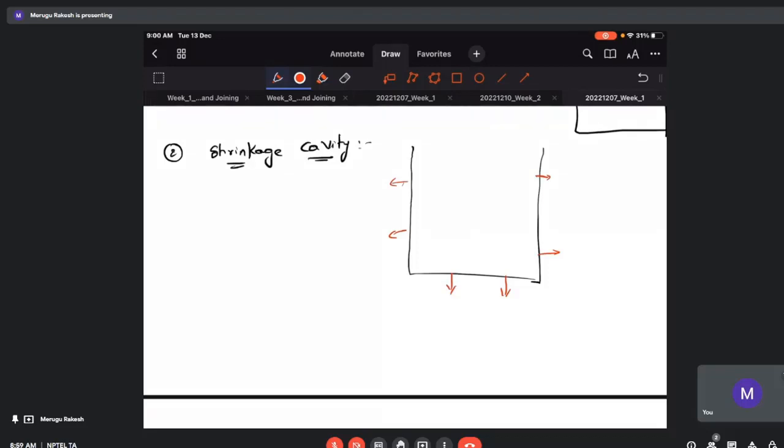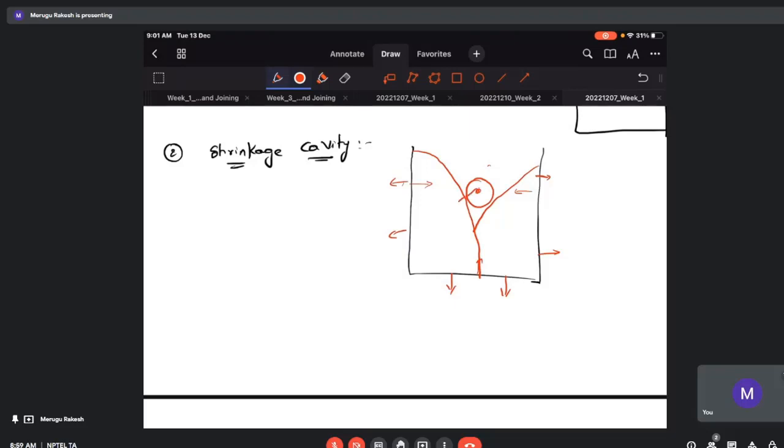Whatever liquid is at the center will still be hot, because the solidification is starting from this direction and this direction. So finally, the scenario will come like this, such that there is no liquid present at the center.